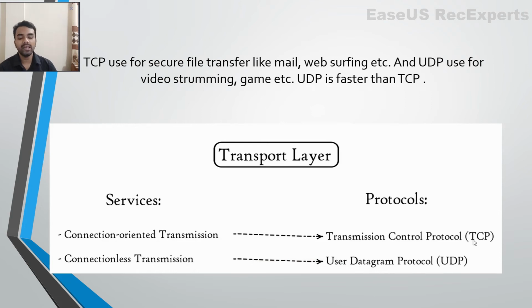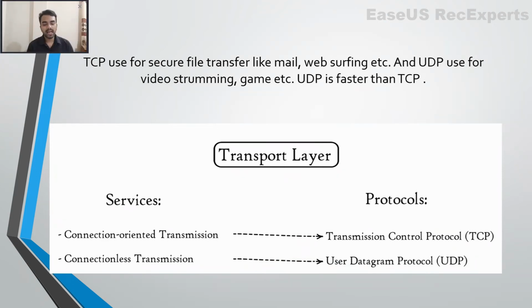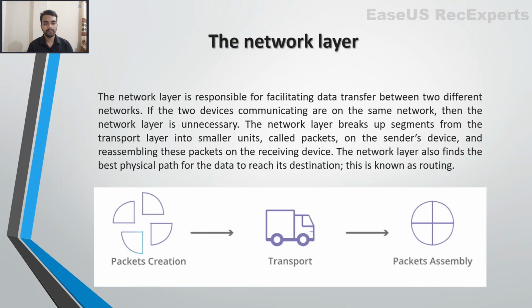TCP is applicable for web servers, mail transfer, FTP, file browsing, etc. TCP is a connection-oriented protocol that provides feedback and a secure connection between the client and the server. UDP is connectionless. That's why UDP is faster than TCP.